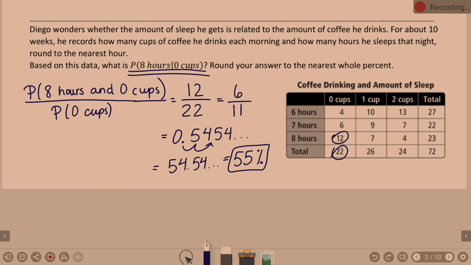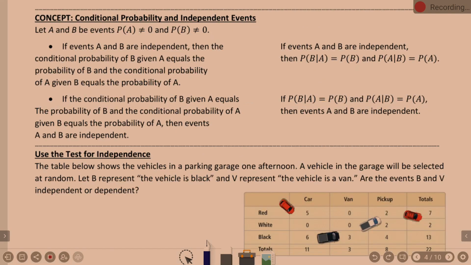Okay, guys. On the back side, we have the concept of how conditional probability and independent events relate. Yesterday we talked about independent events. Remember, independent events are when 2 events don't affect each other, right? Rolling a die, flipping a coin. They don't affect each other.